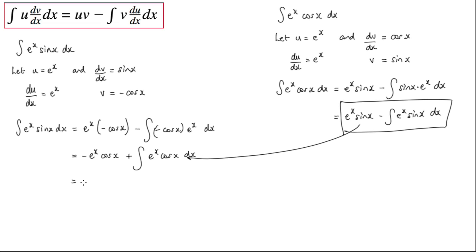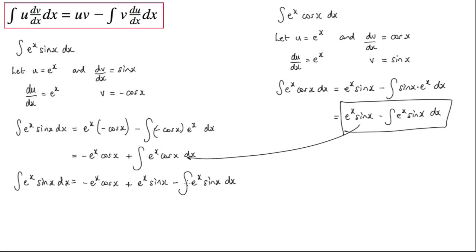So we get minus e to the x cos x plus e to the x sine x minus the integral of e to the x sine x dx. Now that is equal to the integral of e to the x sine x dx.